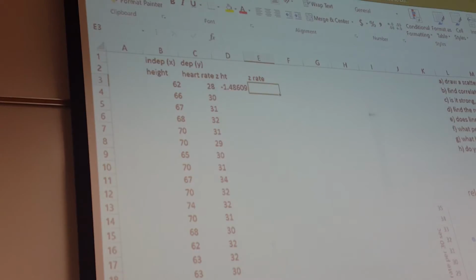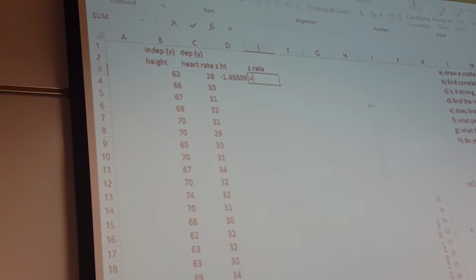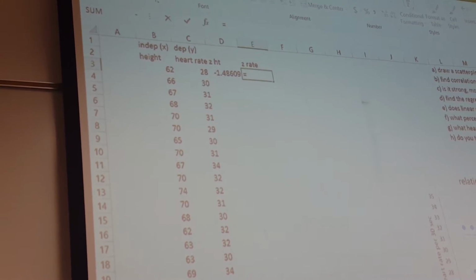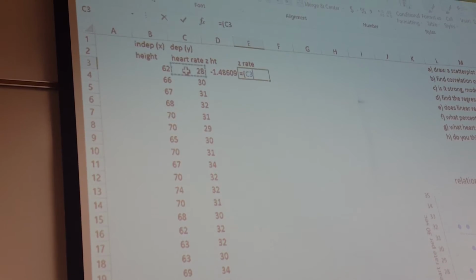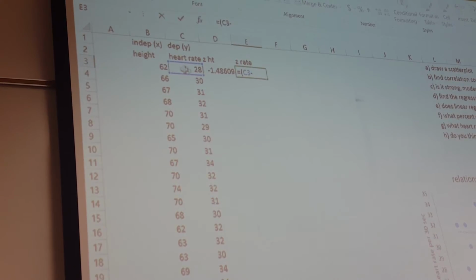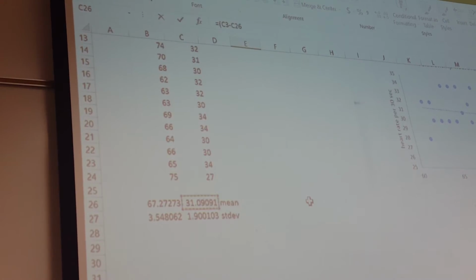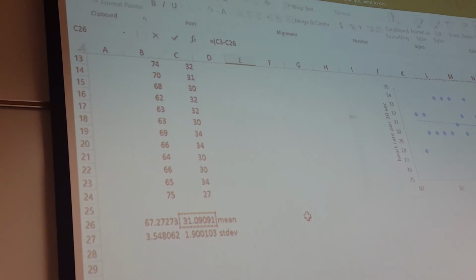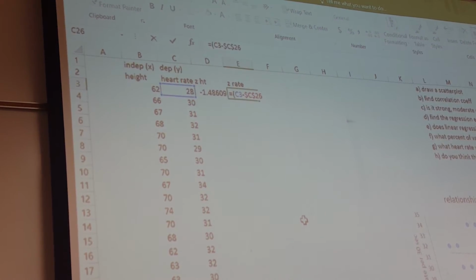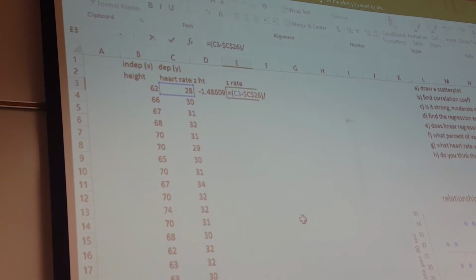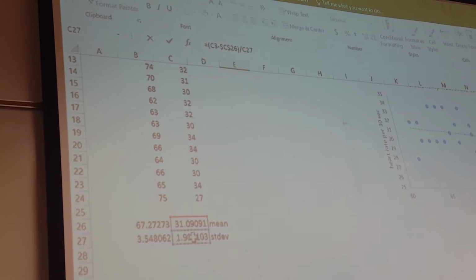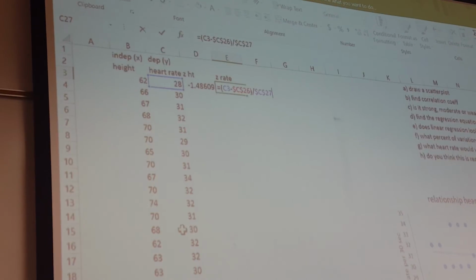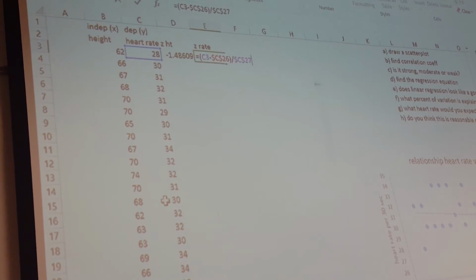Now the same for the heart rate. Equals, parenthesis, 28, minus the mean, F4. Close your parenthesis. Divide by standard deviation. The X and the Y have two different means and two different standard deviations, because it's the heart rate versus the height.